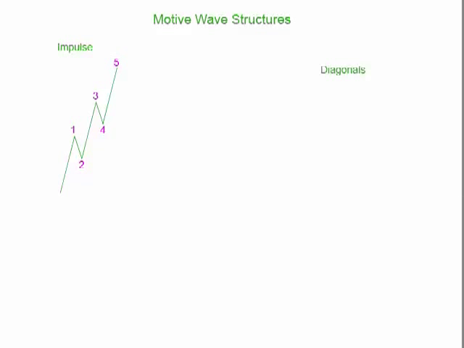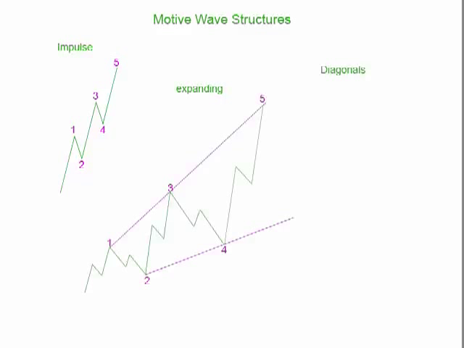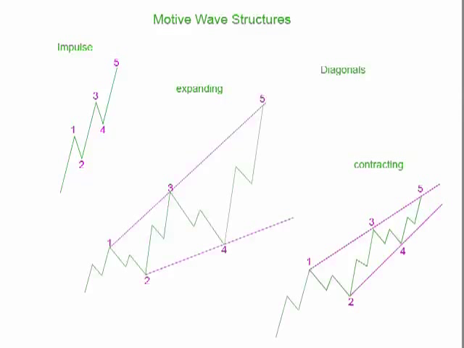Within a diagonal, the diagonal can be either expanding or it may be contracting. Within an expanding diagonal, the trend lines from 1 to 3 and 2 to 4 should diverge or expand. Within a contracting diagonal, the trend lines from 1 to 3 and 2 to 4 should converge or contract.